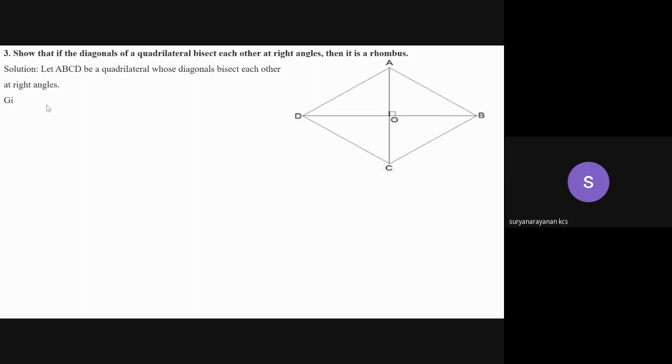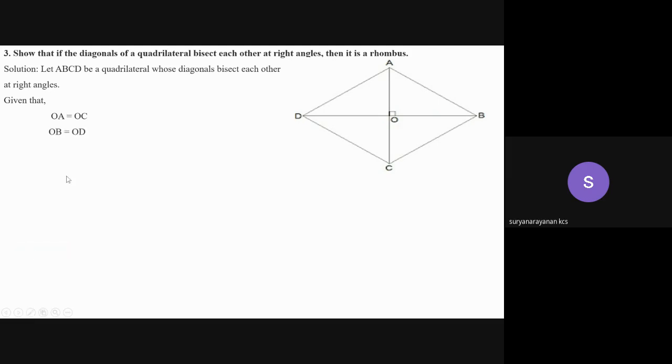Now what is given here? Given that OA is equal to OC. Previously I told you they are bisecting each other, so O is the midpoint of AC. So AO length is equal to OC length. Similarly, DO is equal to BO, because they are bisecting each other.